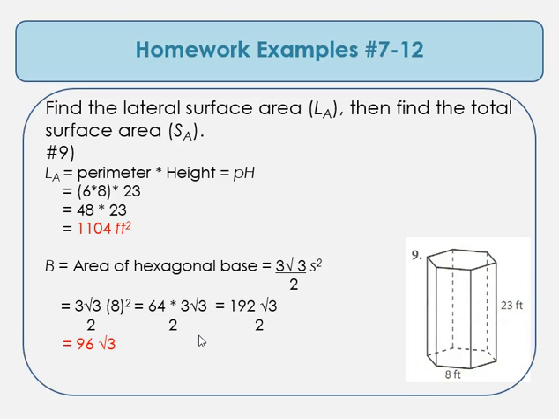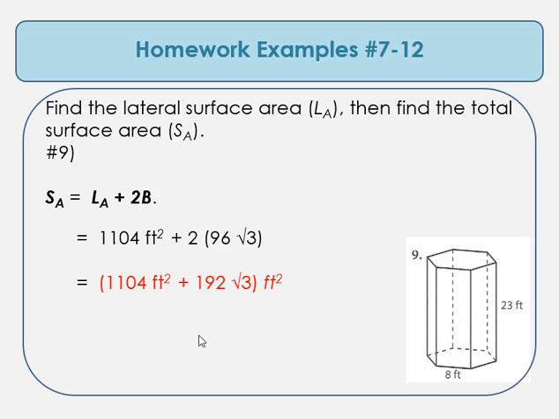The perimeter times the height. The perimeter, it's a hexagon, so it has 6 sides of 8 feet. 6 times 8 is 48, and we're going to multiply by a height of 23 feet. 48 times 23 is 1104 feet squared. And then let's finish this problem. Solving for the total surface area, we now add the lateral surface area we just solved for.